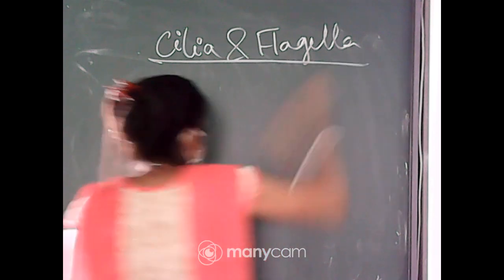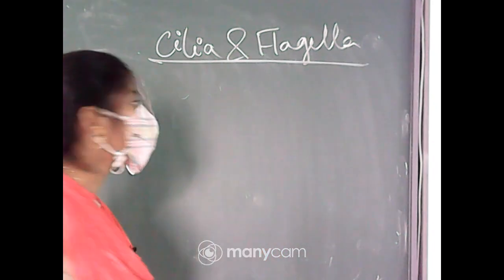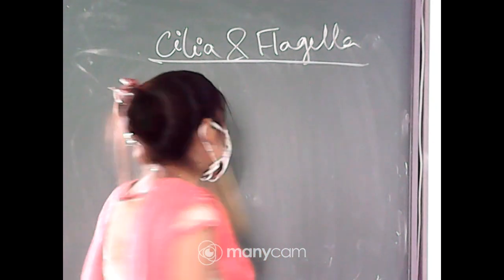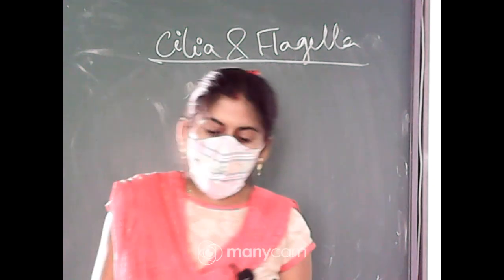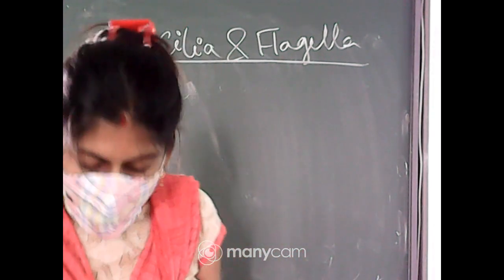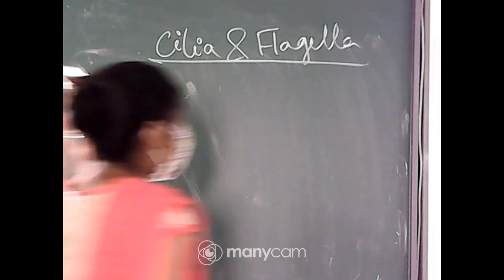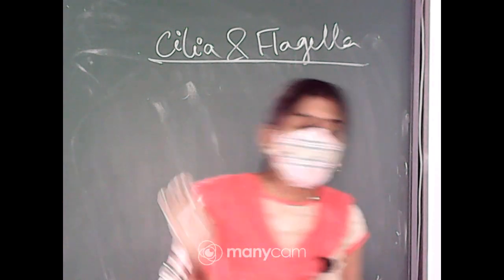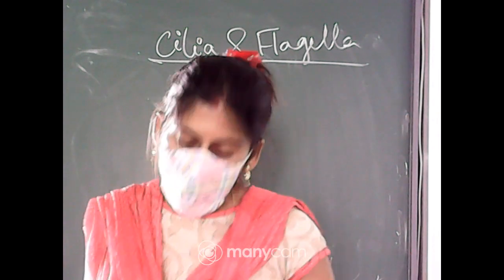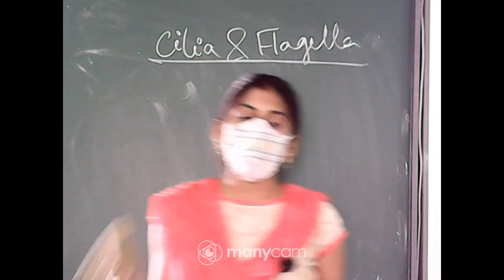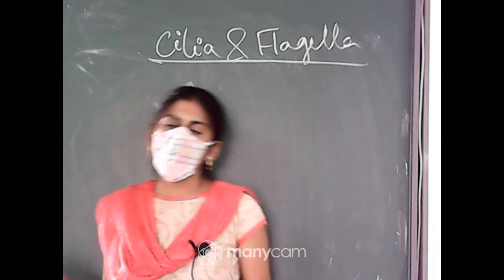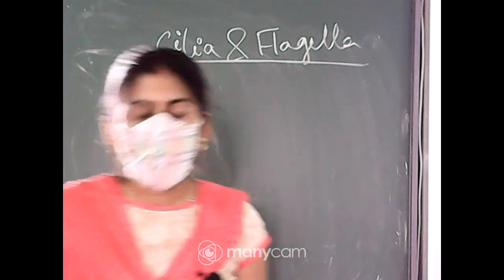The singular of cilia is cilium, and the singular of flagella is flagellum. So what are cilia and flagella? Both are hair-like outgrowths of the cell membrane. These hair-like outgrowths can be found from the cell membrane.